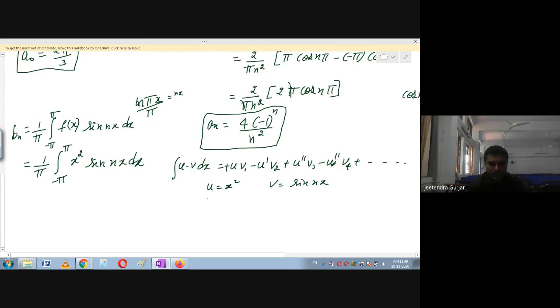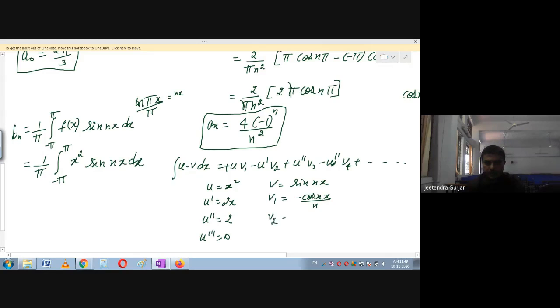Substitute the values. u dash you are going to get as 2x. Then u double dash you are going to get as 2, and u triple dash will become 0. Similarly, we'll go for v1. Integration of sine nx you are going to get as minus cos nx upon n.